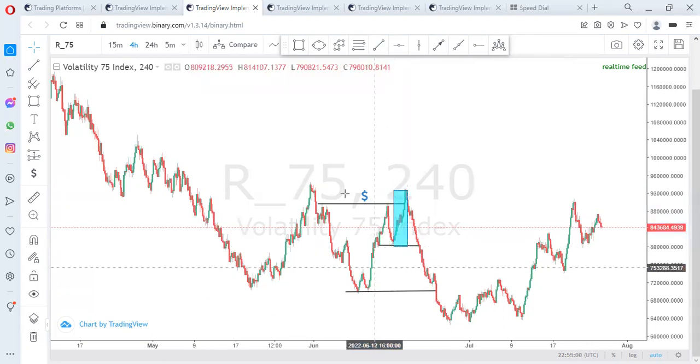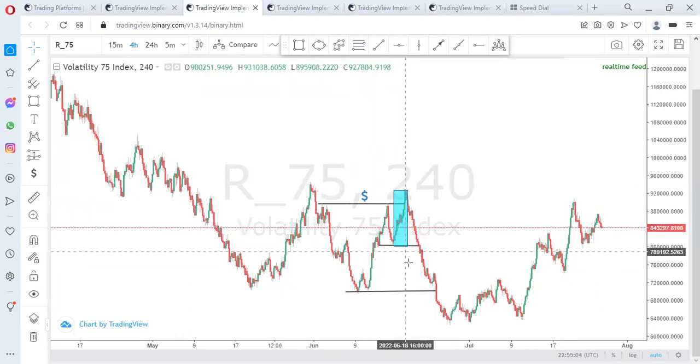When you have it take out liquidity, what I want to see next is a break of structure. That's how I identify a valid institutional candle in this market. Immediately I see that it has taken out liquidity, the next thing I'm looking out to see is a break of structure in my bias direction.